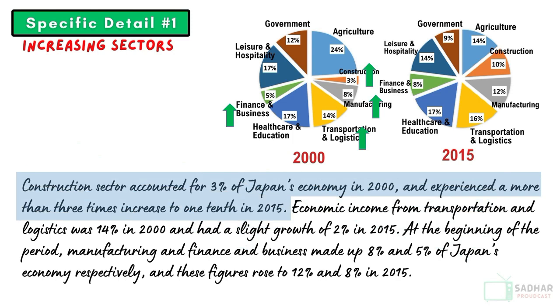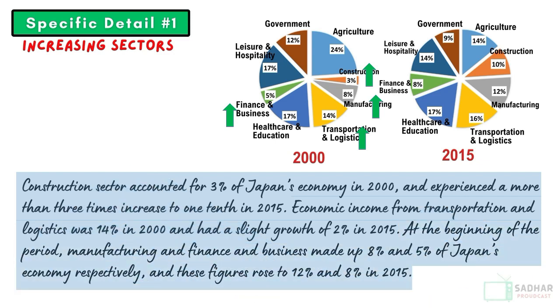Construction sector accounted for 3% of Japan's economy in 2000 and experienced a more than 3 times increase to 1/10 in 2015. Economic income from transportation and logistics was 14% in 2000 and had a slight growth of 2% in 2015.